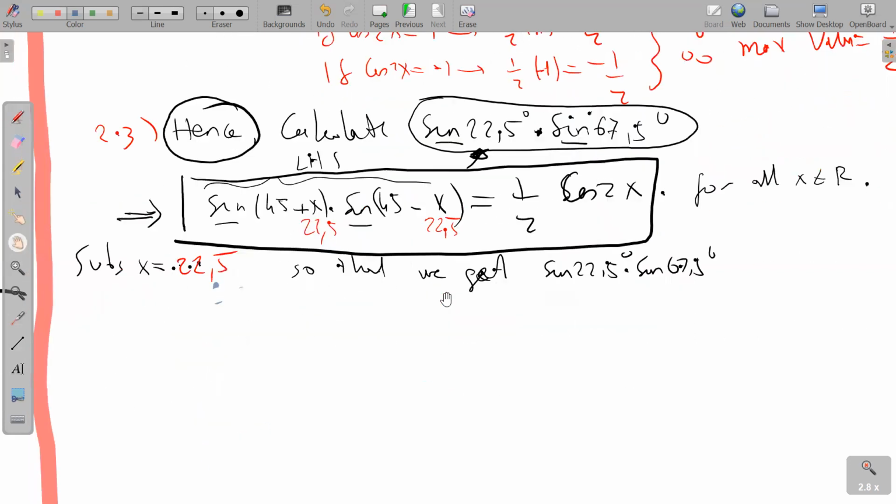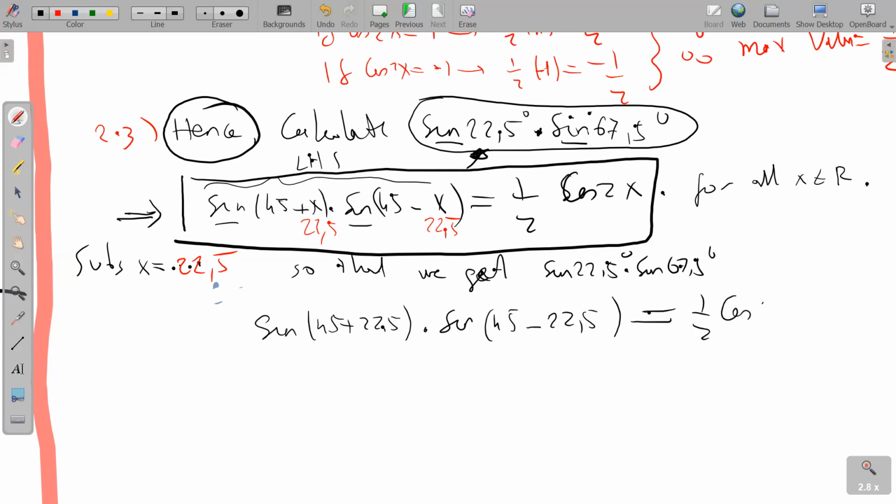When you substitute, you get sine 45 plus 22.5 times sine 45 minus 22.5, which is equal to half of sine 2 times 22.5.